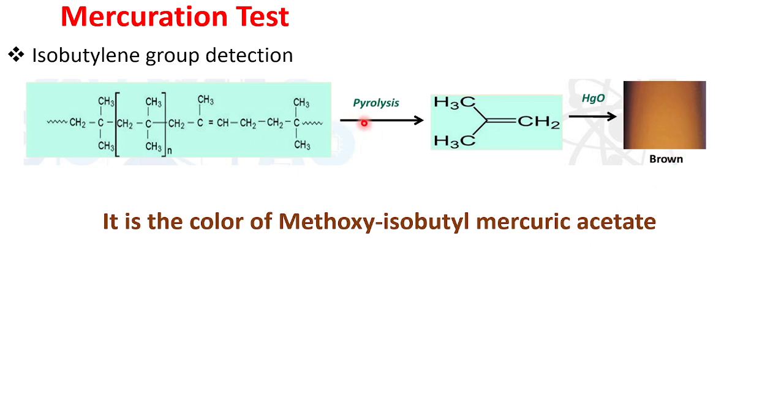So first you do pyrolysis, and that gives the solution where the isobutylene group is present, and if you dip a mercurous oxide soaked filter paper in that solution, the filter paper color will turn brown, because of that methoxy isobutyl mercuric acetate.